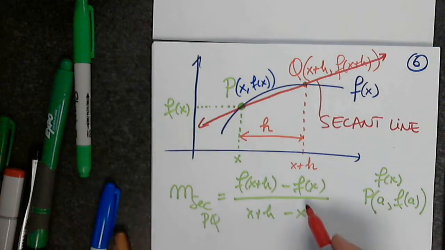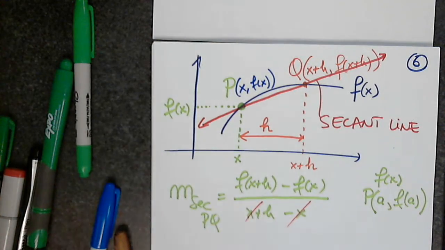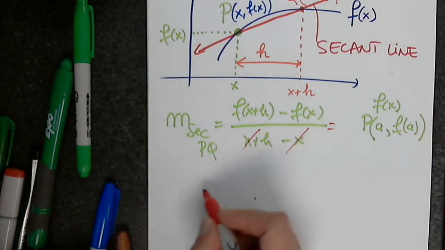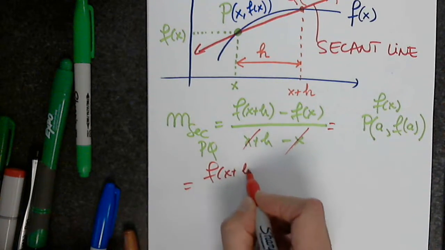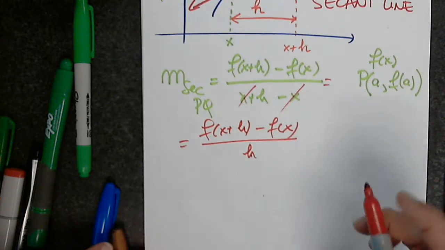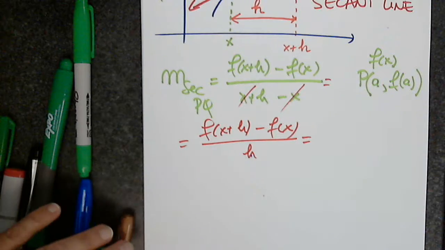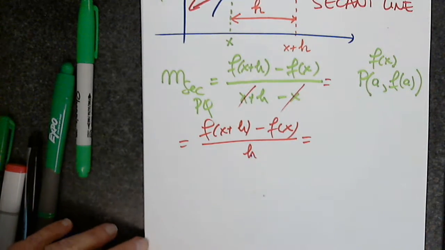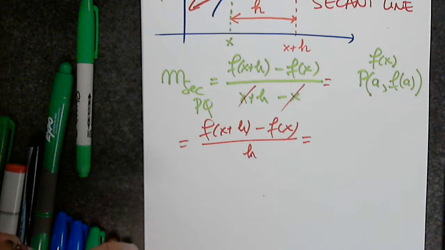Now, of course, I'm going to eliminate these two because they cancel out. And this is f of x plus h minus f of x divided by h. At this point, I'm not asking you to memorize this, but eventually you will have to.